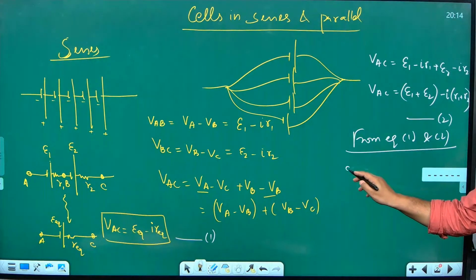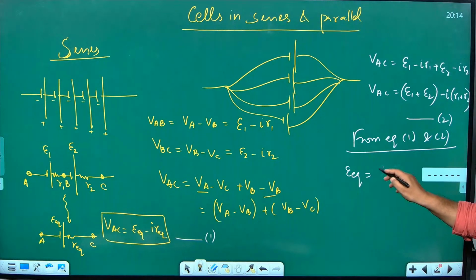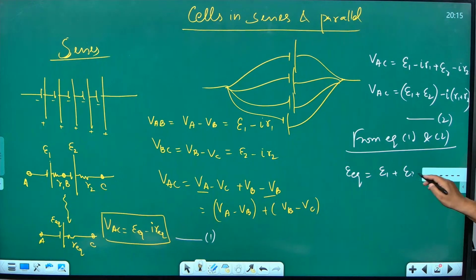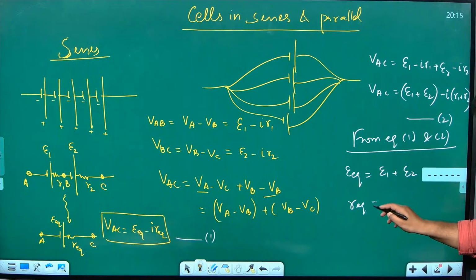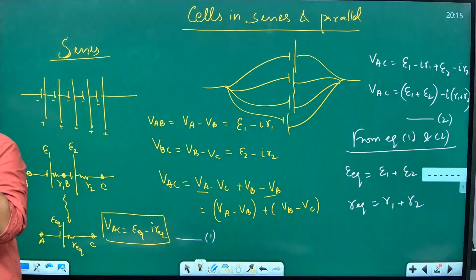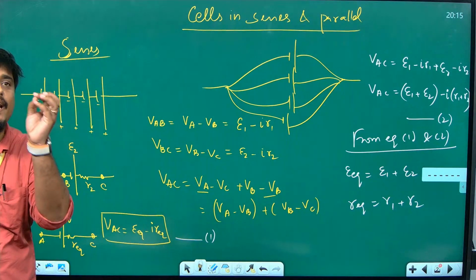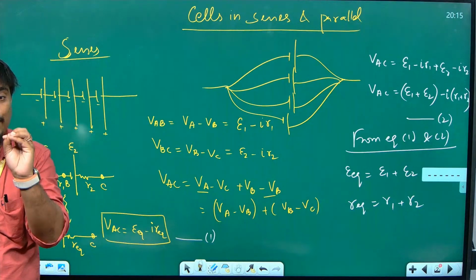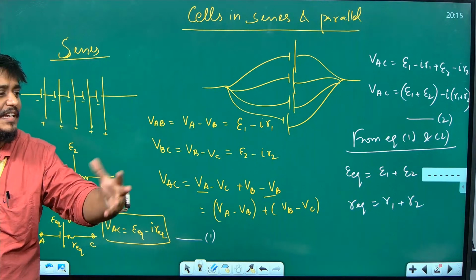You get E equivalent is equal to E1 plus E2, and you get R equivalent is equal to R1 plus R2. So the interesting thing is, if cells are connected in series, the net equivalent EMF will be the addition of individual EMFs.